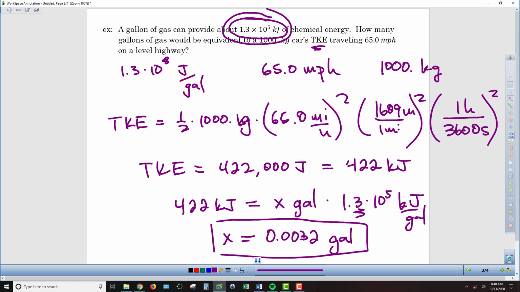What we're missing here is the idea that there's a lot of energy loss in all of the conversions from the potential energy of the gallon of gasoline to the kinetic energy of the car traveling down the highway.